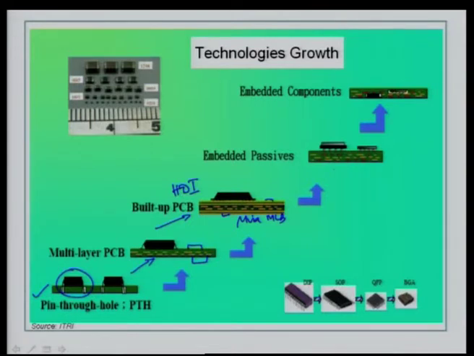Now, we are talking about embedded passives, which means the inner layers will have the passive devices, and there is also high end research going on at various universities on embedded components, that is active devices being placed inside the system level printed wiring board, especially organic substrates, and the real estate on the top and bottom is being utilized for mounting select active devices like your FPGAs, or MEMS devices, and special components that cannot be integrated, and that require frequent repair or replacement in case of fault measurements.